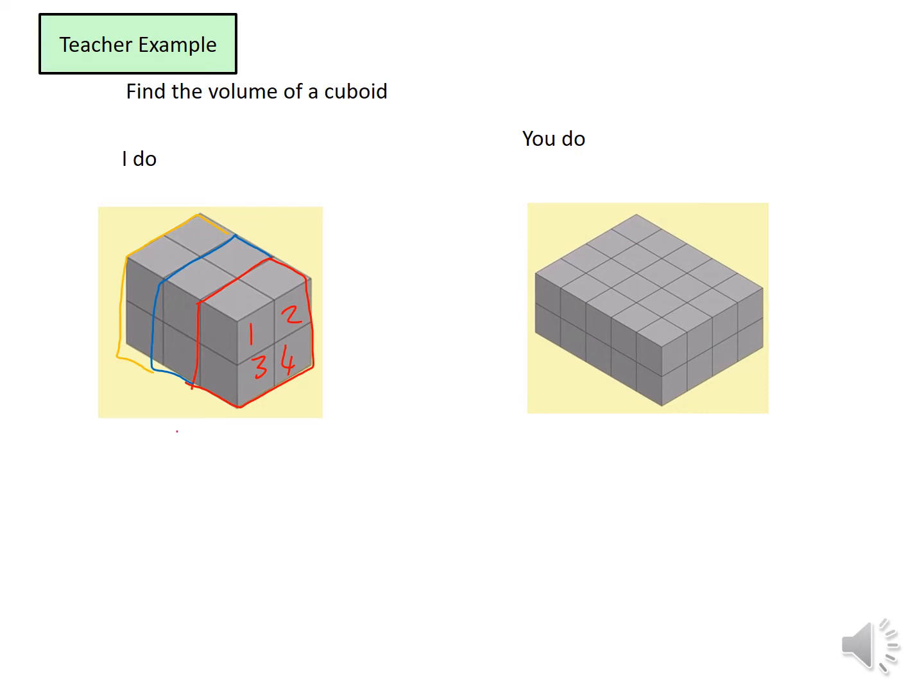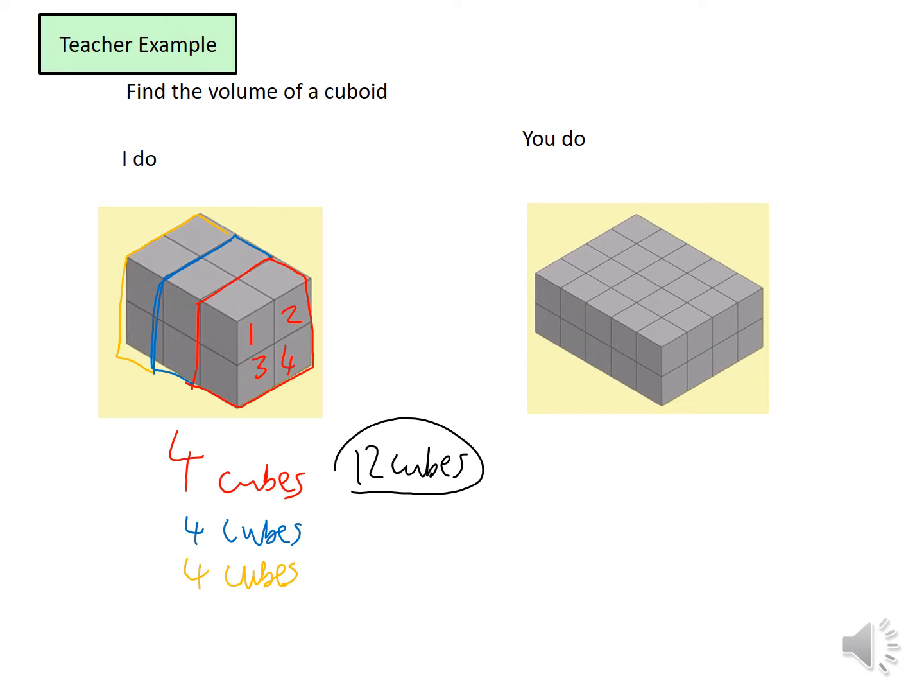So we have 4 cubes, another 4 cubes on the second section, that's this one over here, and then lastly another 4 cubes. So in total we have 12 cubes. So the volume is 12 cubes.